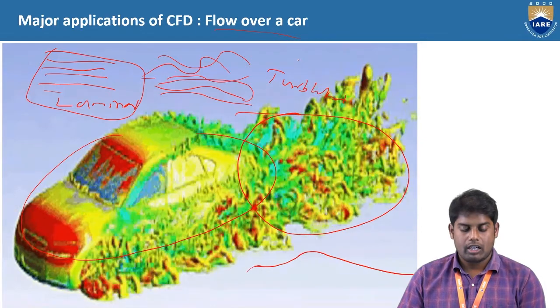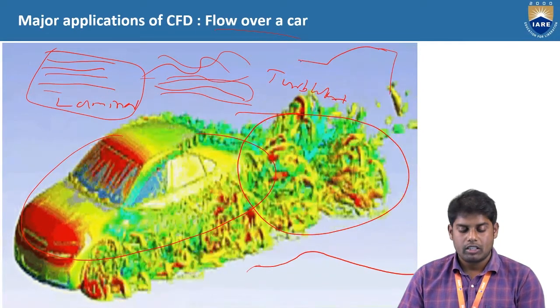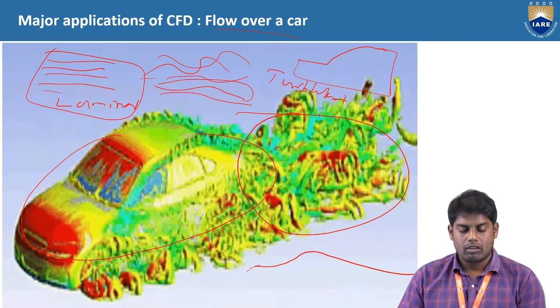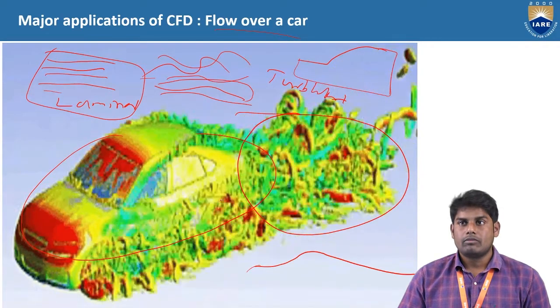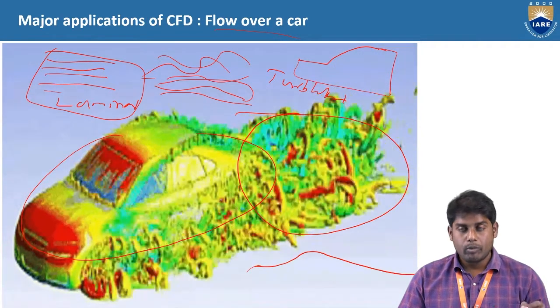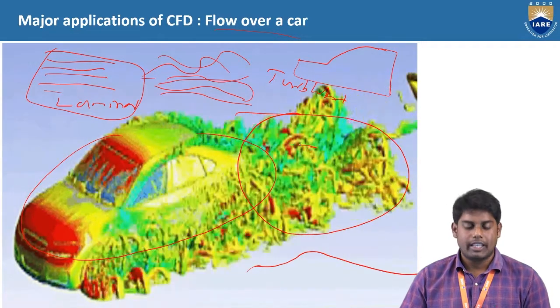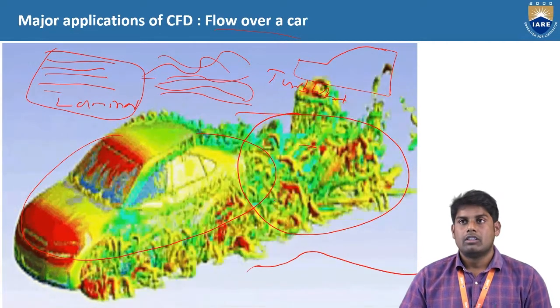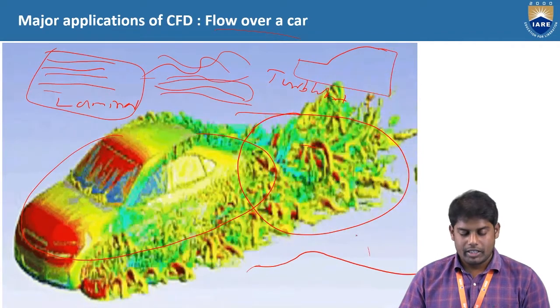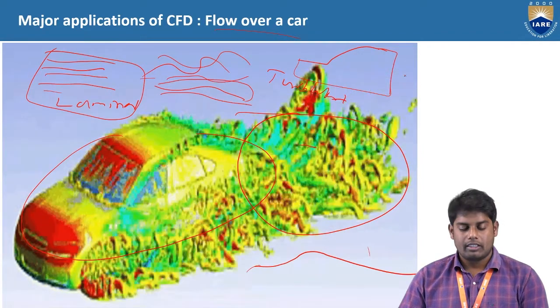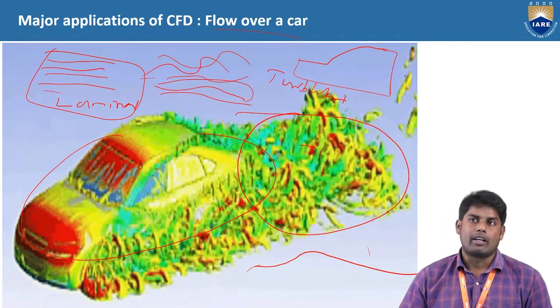When you take a Wagoner, it's blunt. Okay, so why? Because people have studied what the optimal design configuration should be such that they can mitigate this turbulence. So that's why you can see that Audi is very expensive compared to Wagoner.